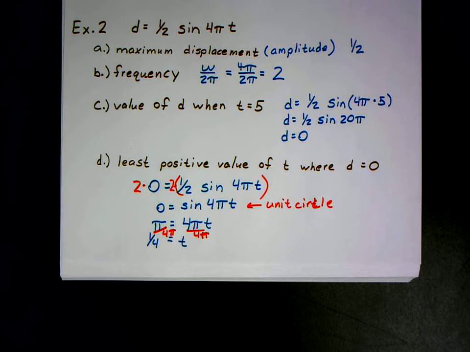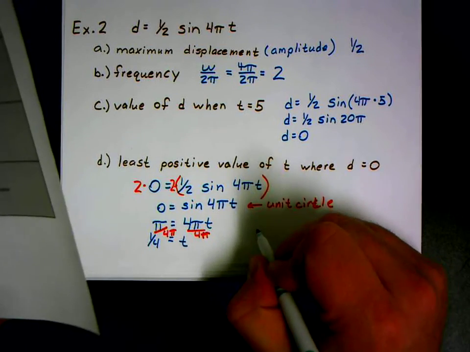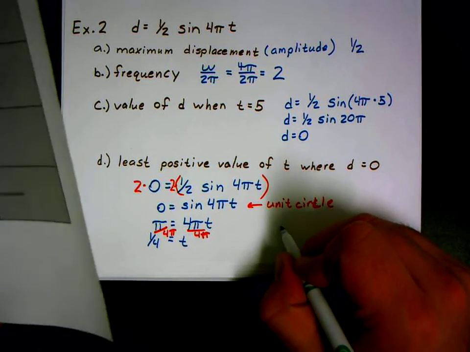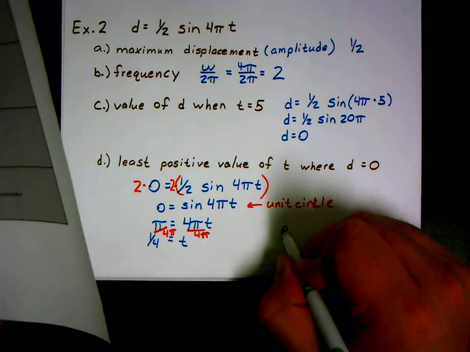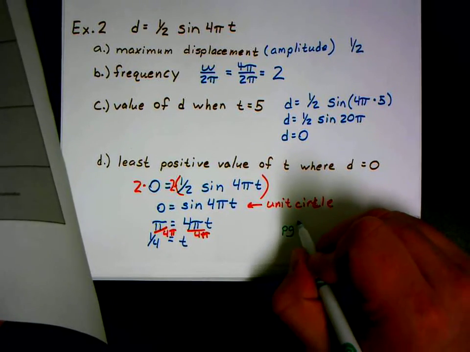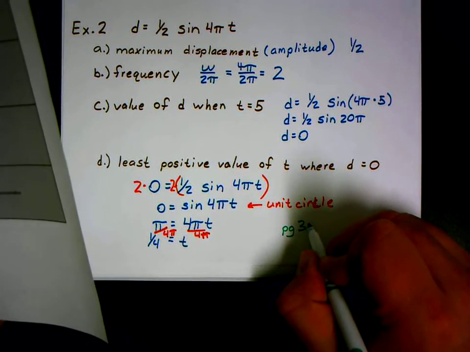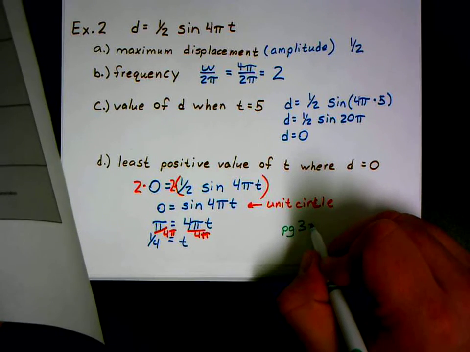Okay, so now there's only like 4 problems in each section, and then there's 2 story problems. The story problems are the same thing, but I wanted to give you the story problems too, so you have like 10 problems.